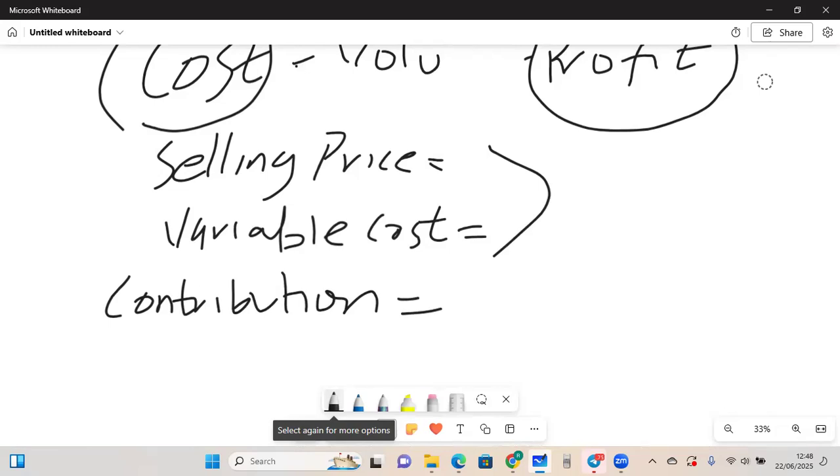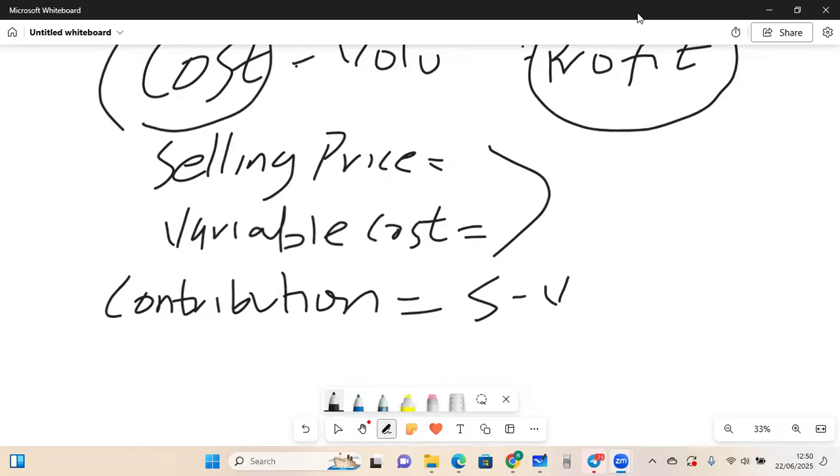Contribution is basically the selling price minus the variable cost. Keep that in mind: selling price minus variable cost, so we can just say S minus V. Contribution is only selling price minus variable cost per unit, right?